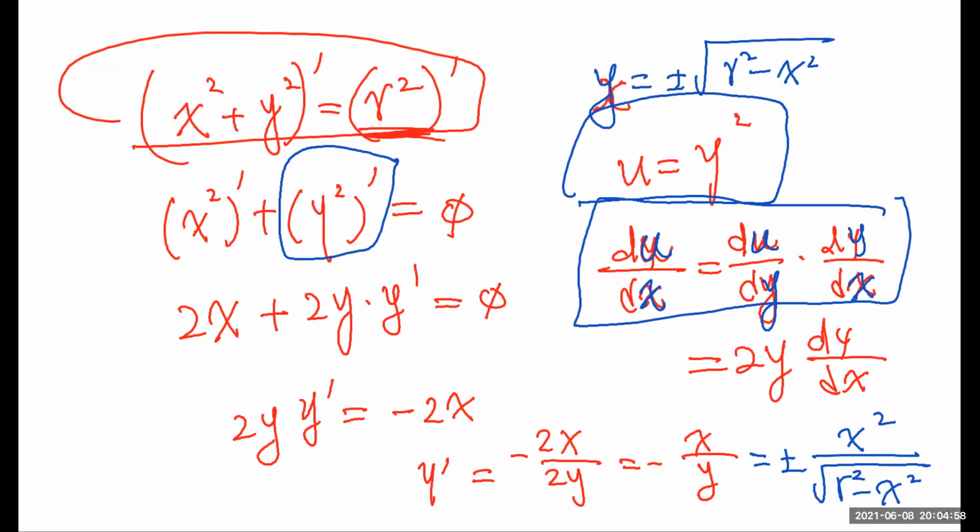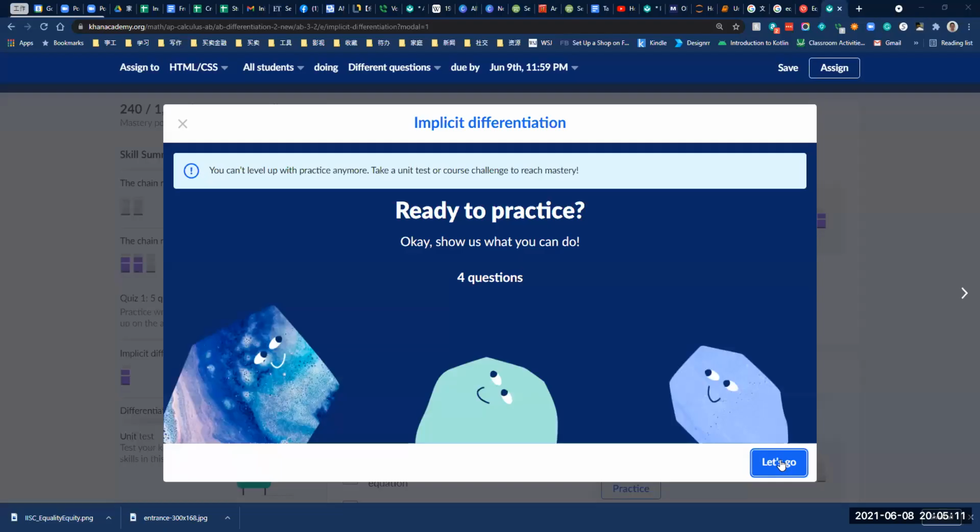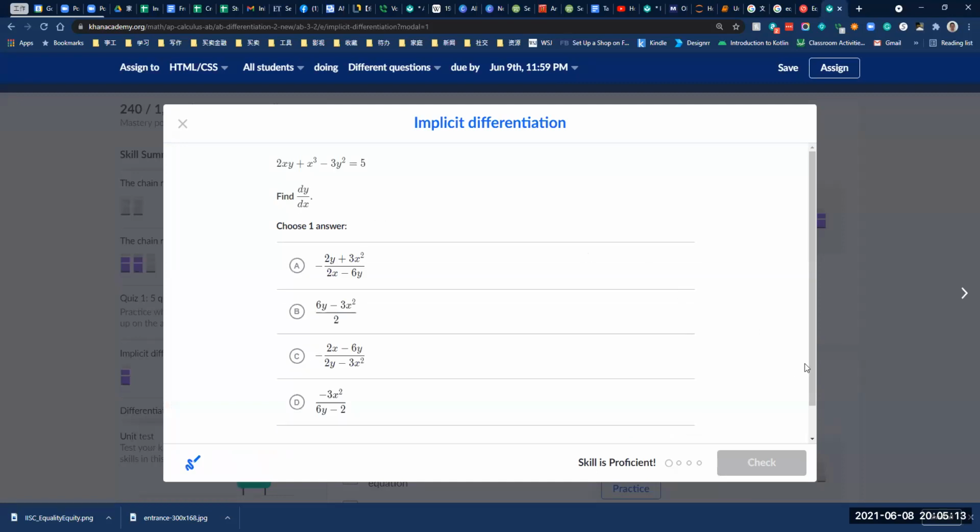Okay, so with that, we can solve some problems. I'm going to go to this one here. So let's go. Now we have that. Remember, when we do that, we take the derivative on both sides.